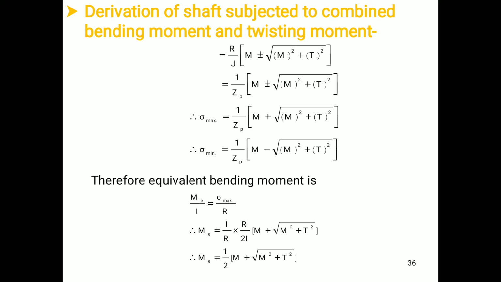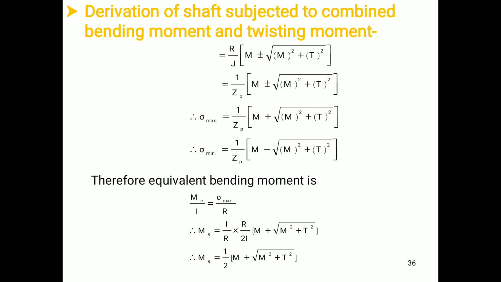On solving, R and I get cancelled, so the remaining term is Me equal to 1 upon 2 into bracket M plus under root of M square plus T square. This is the equivalent bending moment.